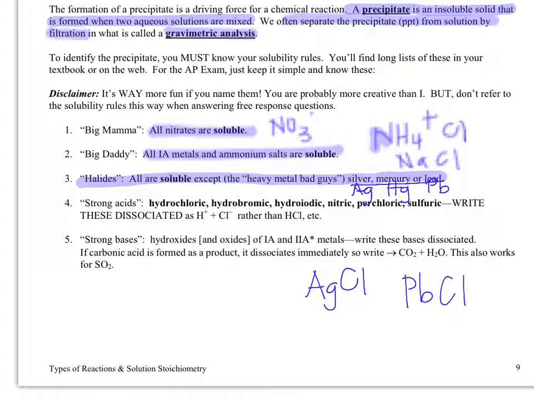Rule number 4, your strong acids are all soluble. Hydrochloric acid, hydrobromic, hydroiodic, nitric, perchloric, and sulfuric.